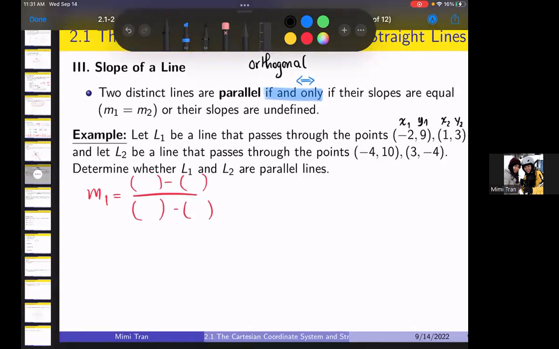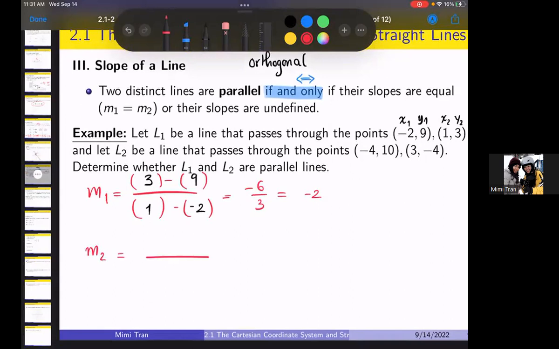So y2 is 3, y1 is 9, x2 is 1, x1 is -2. 3 minus 9 is -6, 1 minus -2 is +3, so -2. m2, the same thing. y2 is -4, y1 is 10, x2 is 3, x1 is -4. That gives -14/7, so -2. Same.